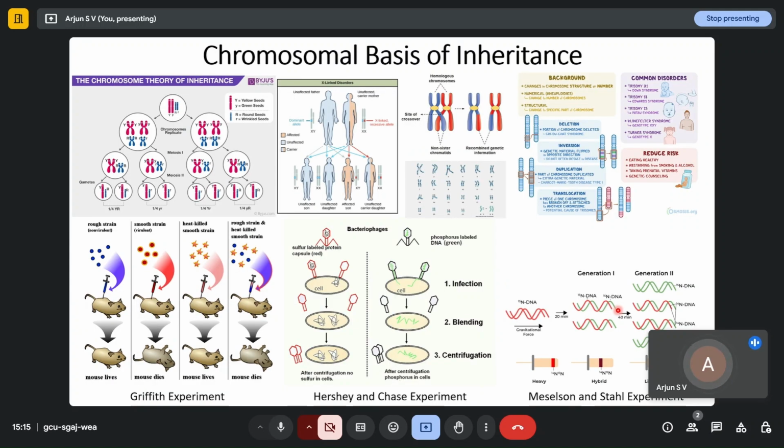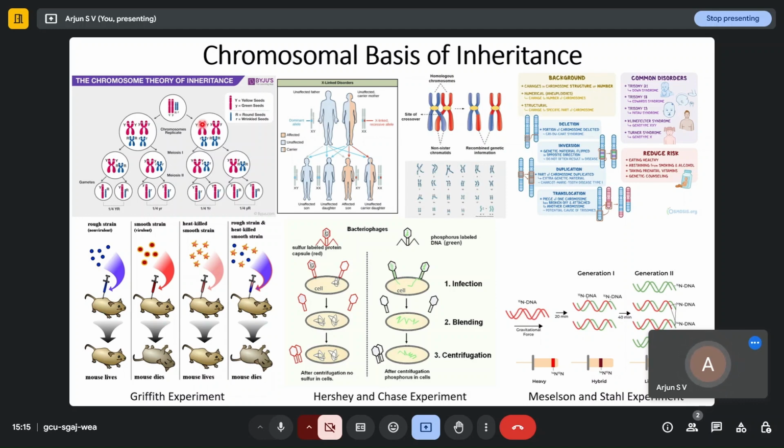And after that, we saw more about the chromosomal basis of inheritance in week 5, wherein we saw experiments performed by a scientist named Morgan involving the fruit fly, where we saw that the genes for traits reside on common chromosomes, and therefore all the genes are not present on all the chromosomes.